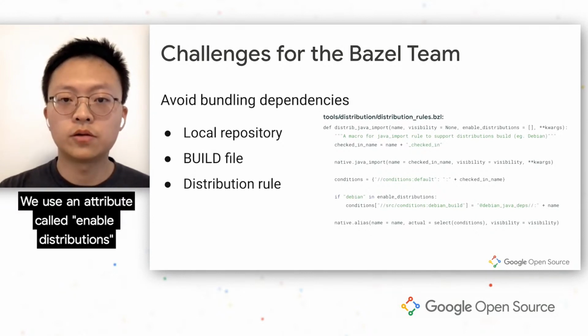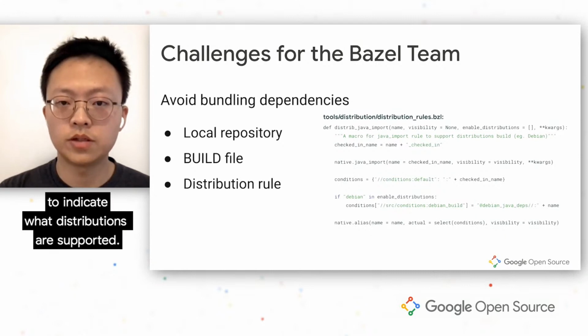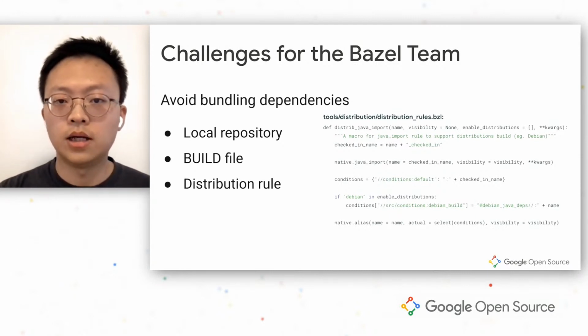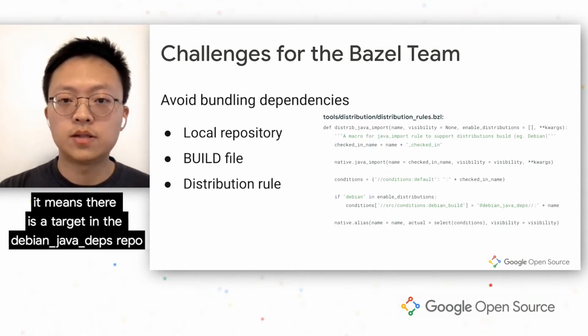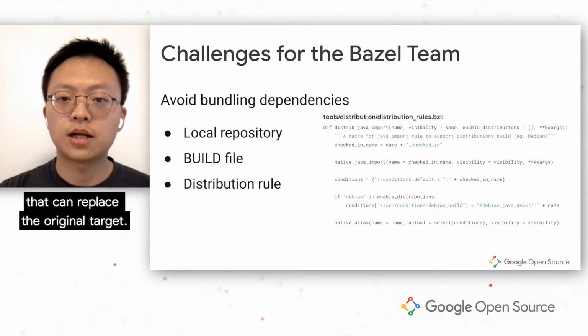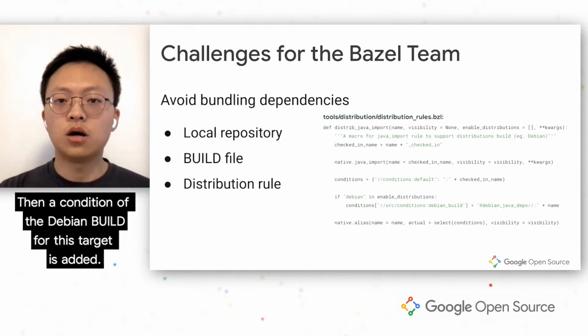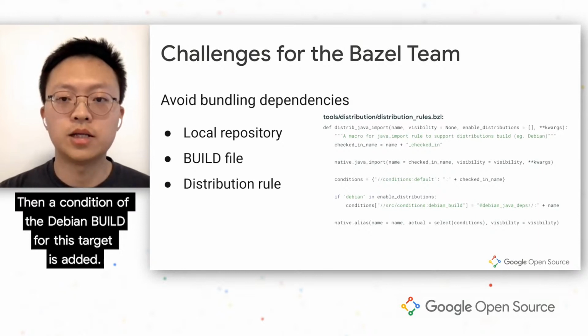We use an attribute called enable distributions to indicate what distributions are supported. If Debian is in the list of enabled distributions, it means there is a target in the Debian Java Deps repo with the same name that can replace the original target. Then a condition of the Debian build for this target is added.